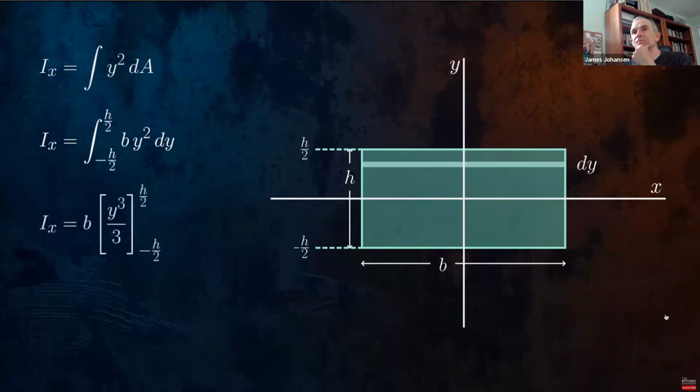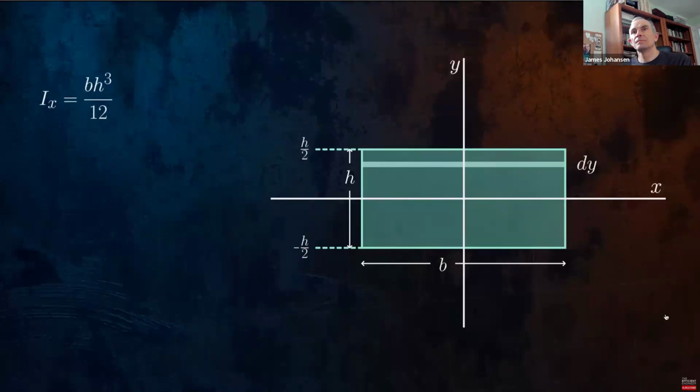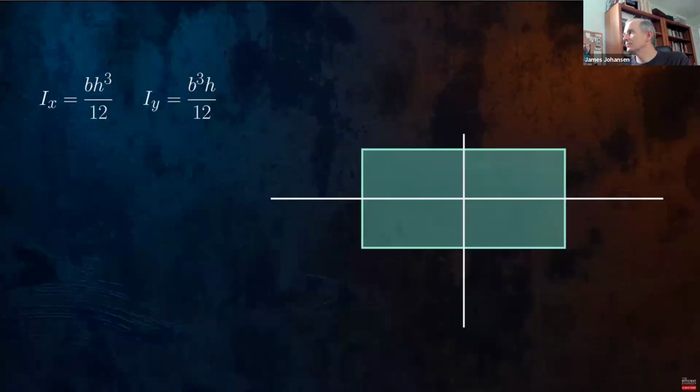If we solve this definite integral, we end up with Ix being equal to b multiplied by h to the power 3 divided by 12. We can obtain the equation for Iy by switching the height and the width terms. So there you go. We just calculated the area moment of inertia for a rectangular cross-section using integration. But calculating integrals can be difficult.